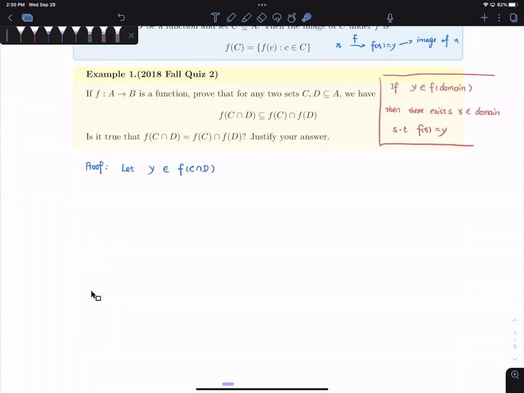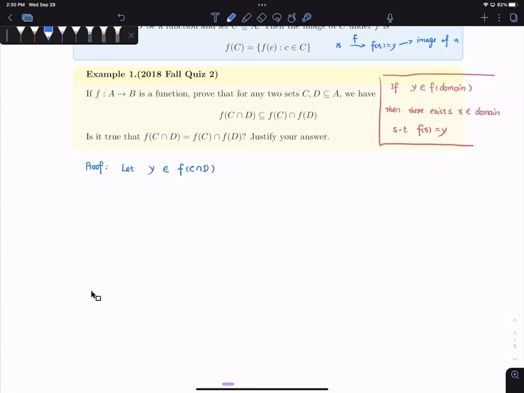The first rule is all the girls have to be dating someone. Look at this, the thing in red that's giving you the hint. If y is in the image, then there is an x in the domain such that f of x equals y.